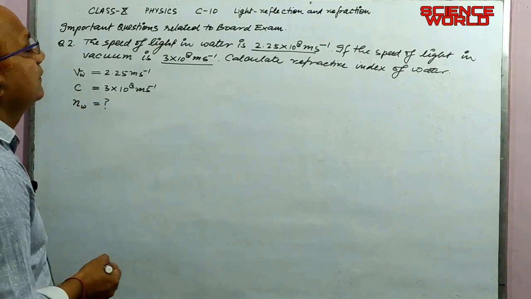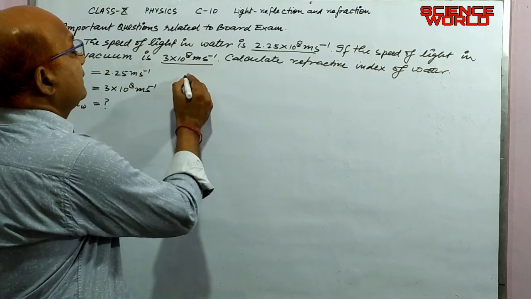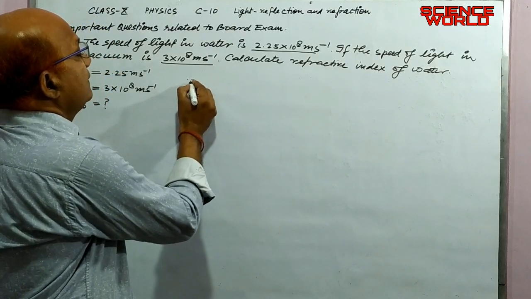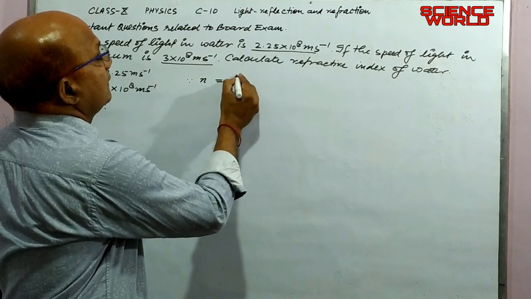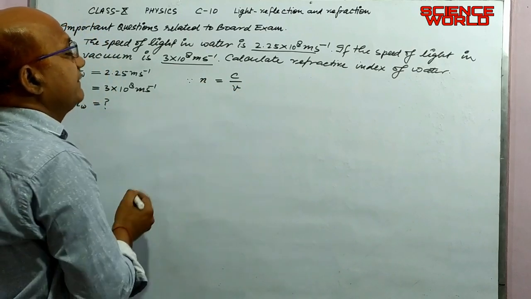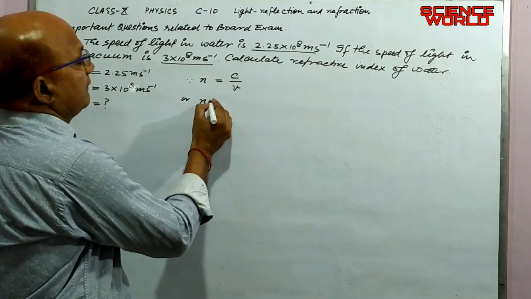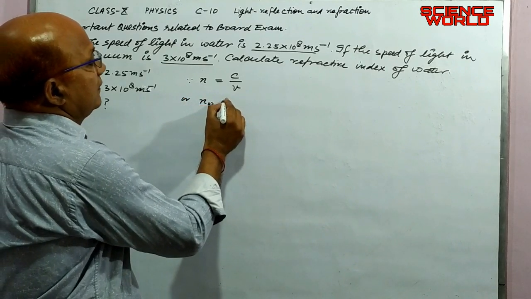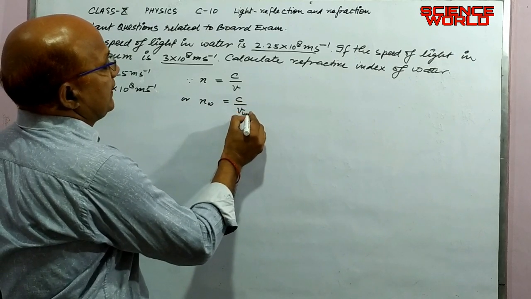Now, as you know, refractive index n equal to c upon v, n means refractive index, or we can write refractive index of water is equal to c upon speed of light in water.